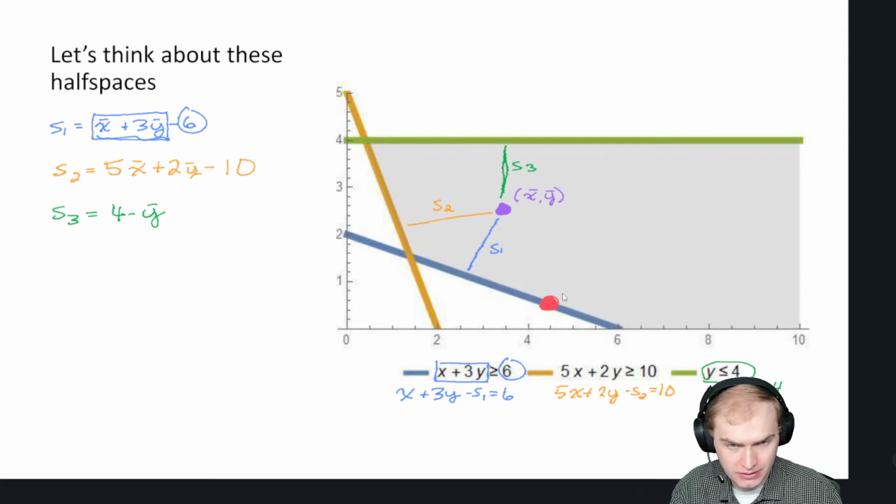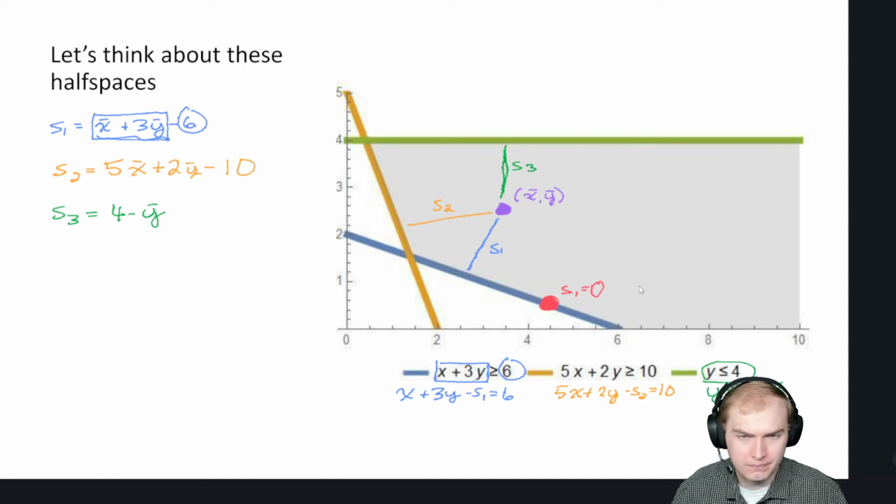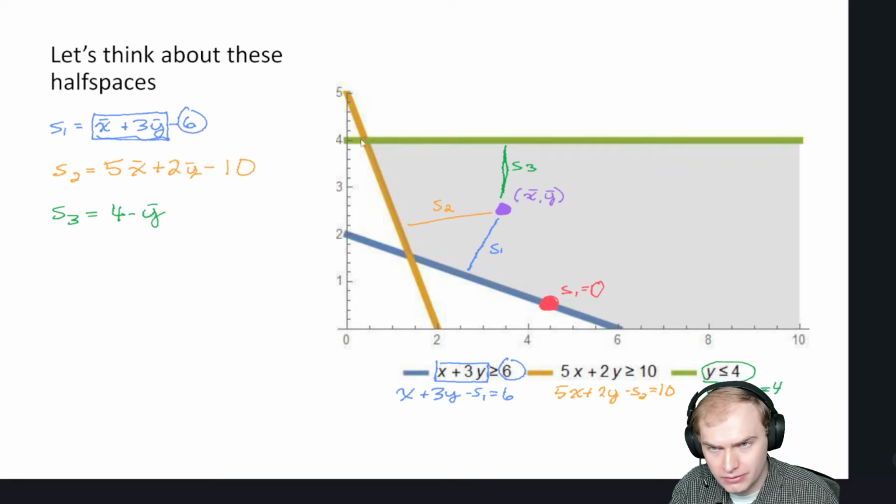Since our point is on the blue constraint, S1 equals 0. Similarly, if we're at an intersection of constraints, here we have S2 and S3 equal 0.